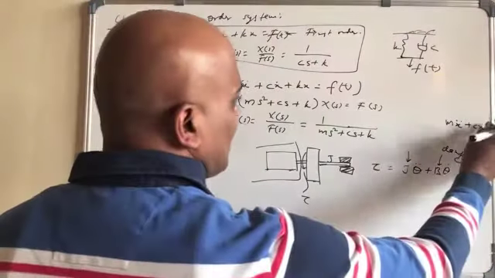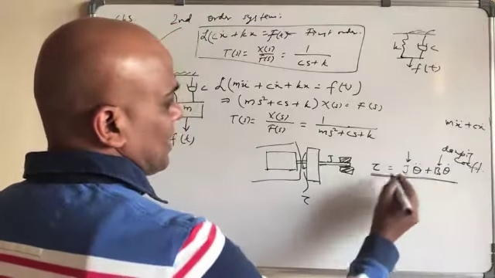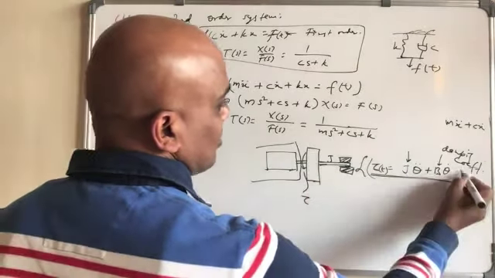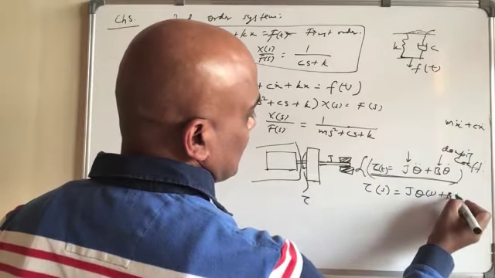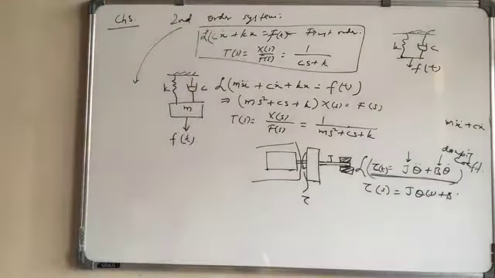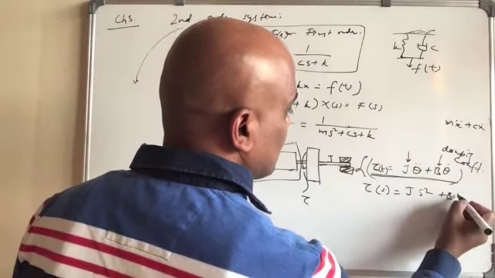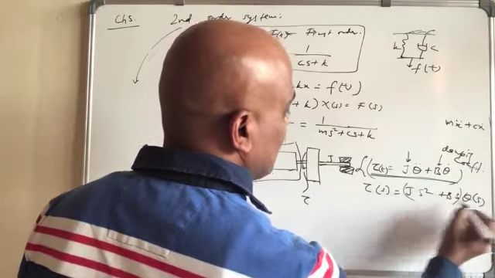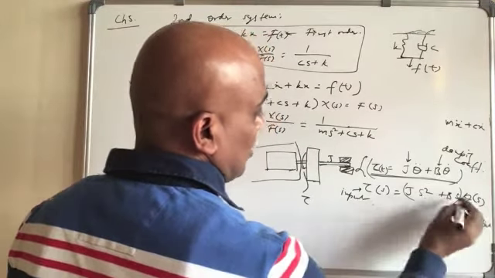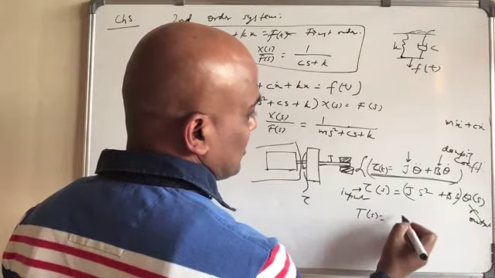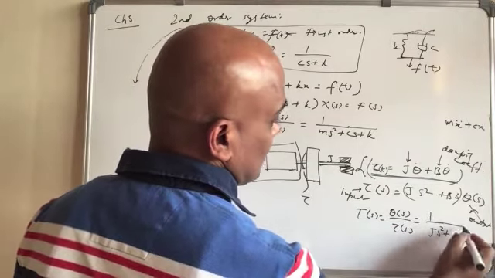Still, this is also a second order system, because if we take the Laplace transform, we get tau(s) equal to (Js square plus bs) times theta(s). With tau as input and theta as output, we get the transfer function theta(s) over tau(s) equal to 1 over (Js square plus bs).